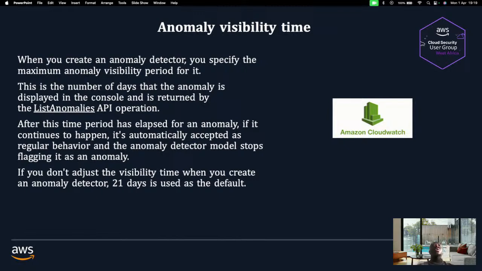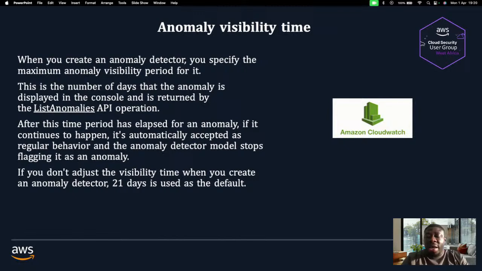So if you have put in a set time for the anomaly to be visible, once that set time is over, even though the anomaly continues to exist, you would notice that the anomaly doesn't give any warnings any longer.